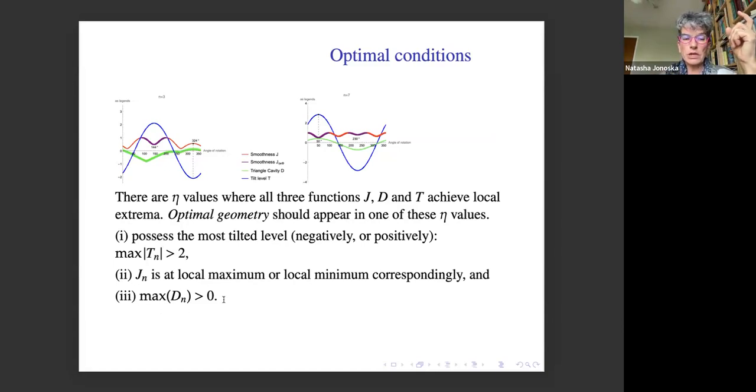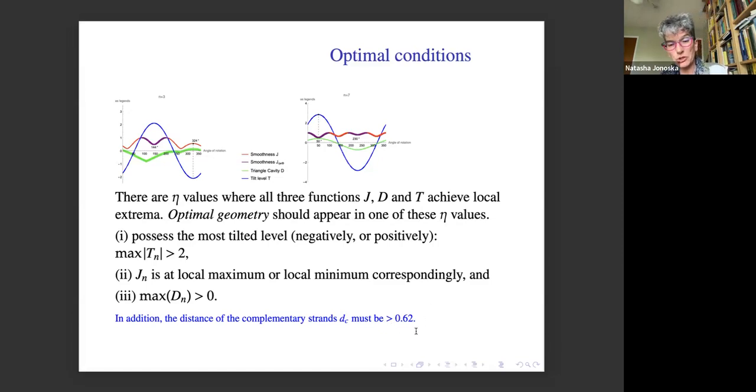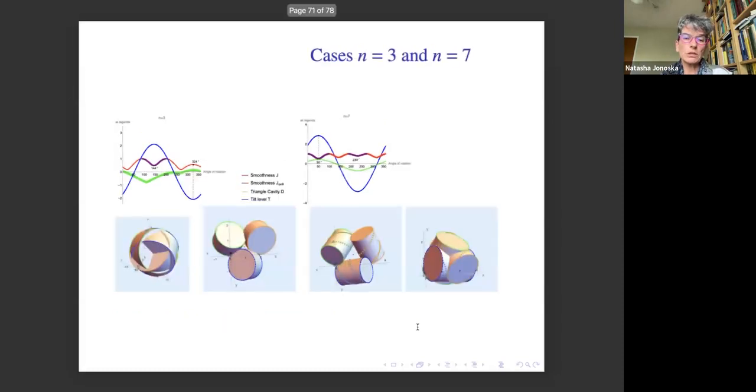And we looked at the maximum cavity in the triangle. Of course, there's also another consideration, which is the complementary strand. The complementary strands cannot collide, and the distance had to be larger than the experimentally measured value of 0.62 nanometers. So we ended up with this.